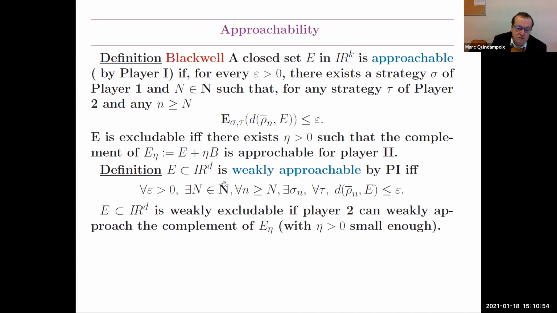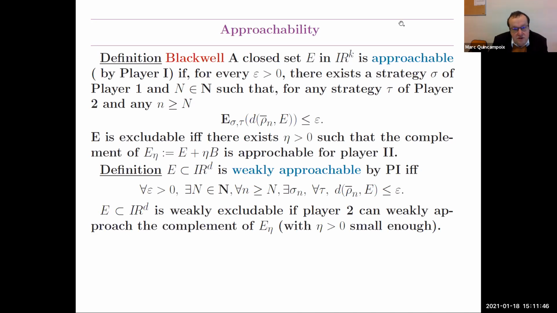More formally, a closed set E is weakly approachable if and only if, for every epsilon, there exists an N such that for every n greater than N, there exists a strategy, and I insist, this strategy depends on n, the number of steps of the game, such that for every strategy of the second player, the distance between the average payoff and E is smaller than epsilon. So you may immediately see with these two definitions that when a set is approachable, it is also weakly approachable. But the converse, of course, is false. And so this is an asymptotic property.